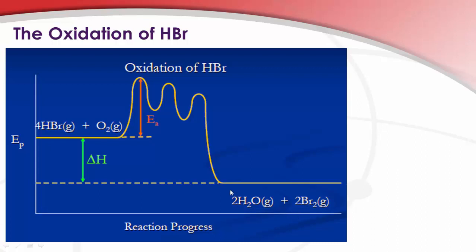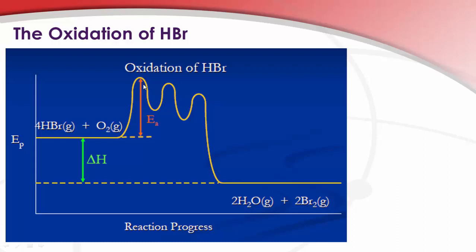And if we go back to our potential energy diagram, what we'll find is our three reactions are all reflected in this potential energy diagram. However, our first step, that initial rate limiting step, that slow step, has the highest activation energy.